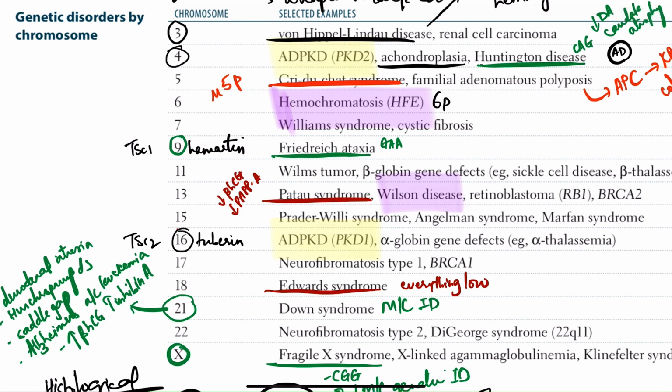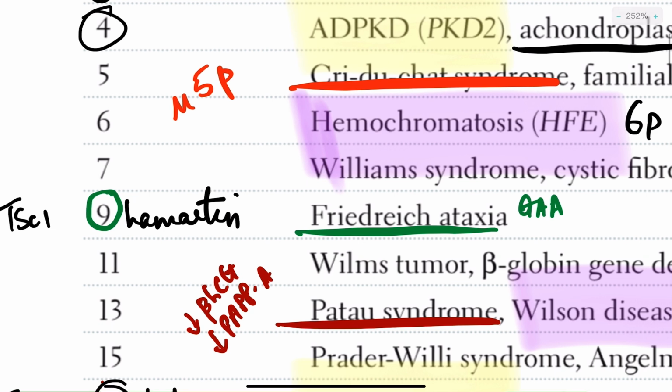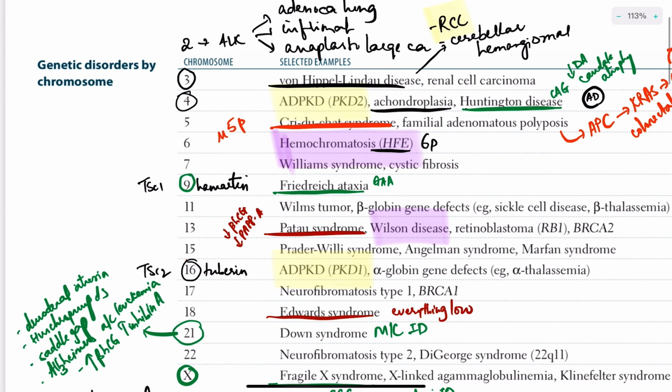along with Patau. So let's talk about the difference. The major pathophysiology behind hemochromatosis is that it usually presents in the 40s to 60s or older age group, where the HFE gene defect leads to iron metabolism defects and increased accumulation of iron.